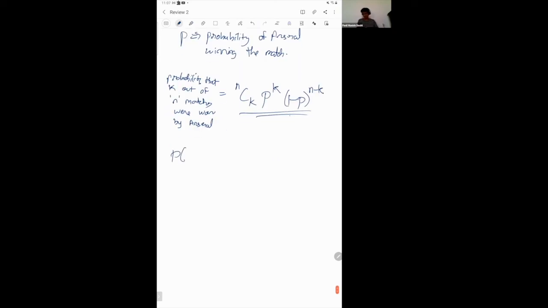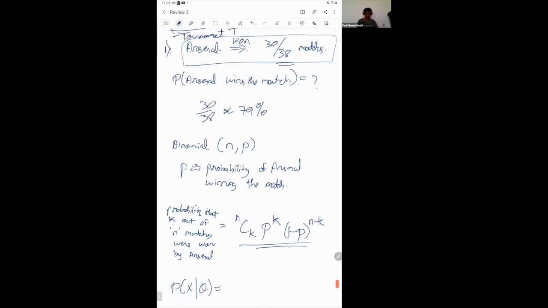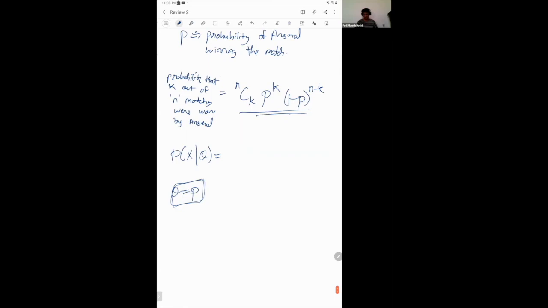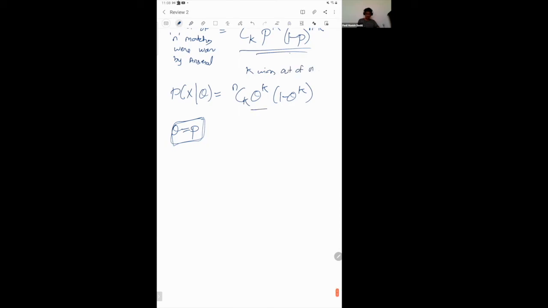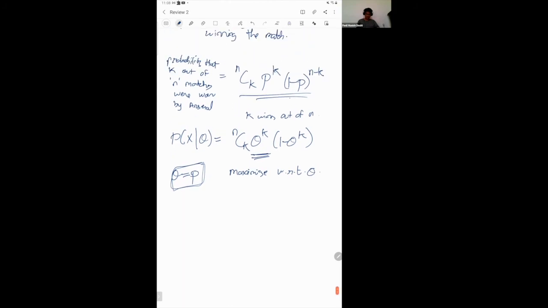Now your theta would be the p, and you need to calculate the probability of your distribution. Of course it's going to come out as just 30 by 38, but I wanted to do this formally. So this is n c k, k wins out of n, and we need to maximize this for theta.